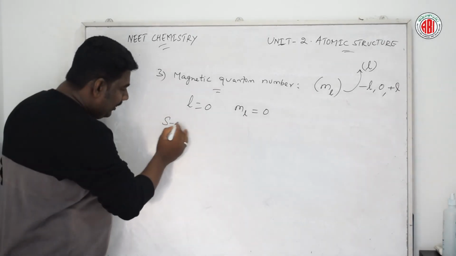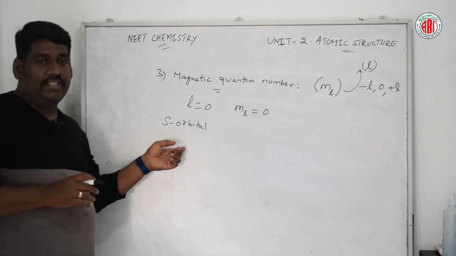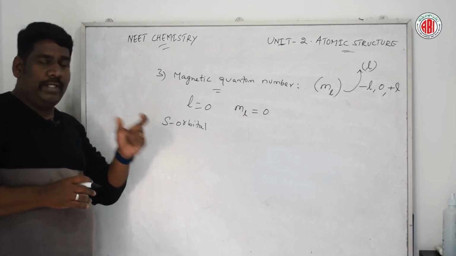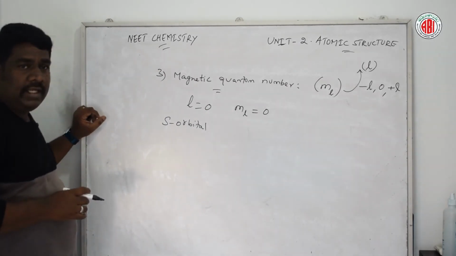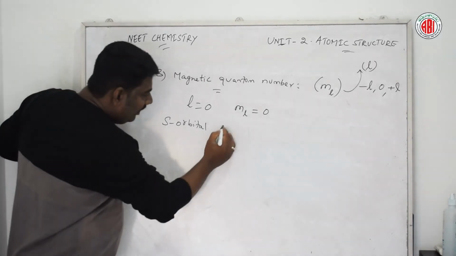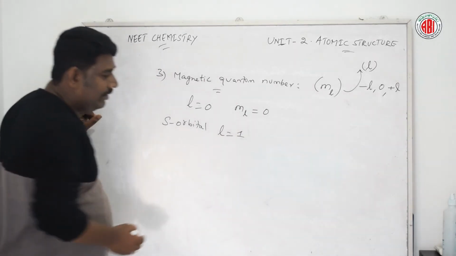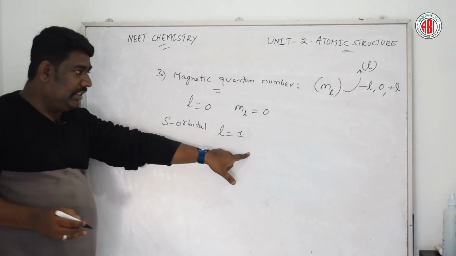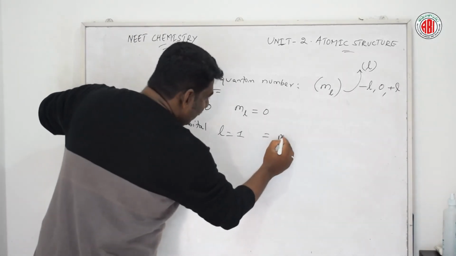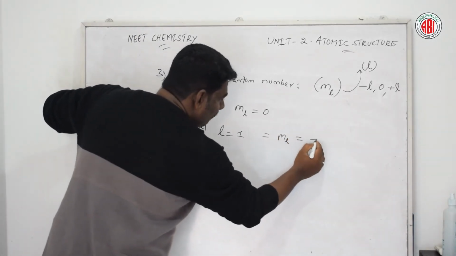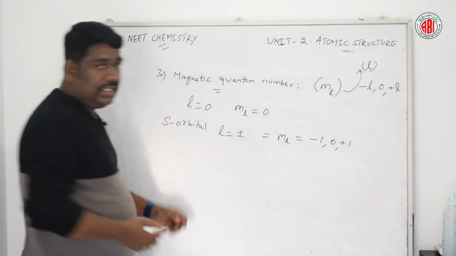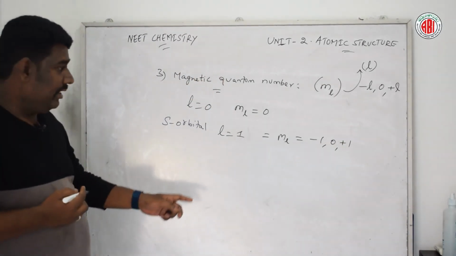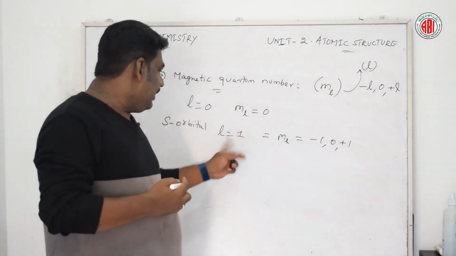Talking about the s orbital, the s subcell has only one orbital, with L value 0. Say for example, if the L value is equal to 1, then the ml value is equal to minus 1, 0, plus 1. This is the ml value for L equal to 1.